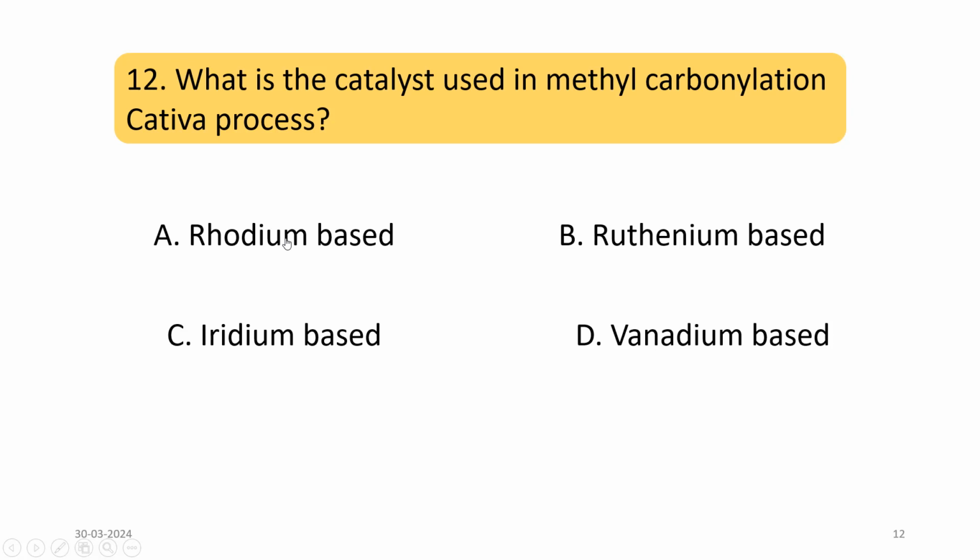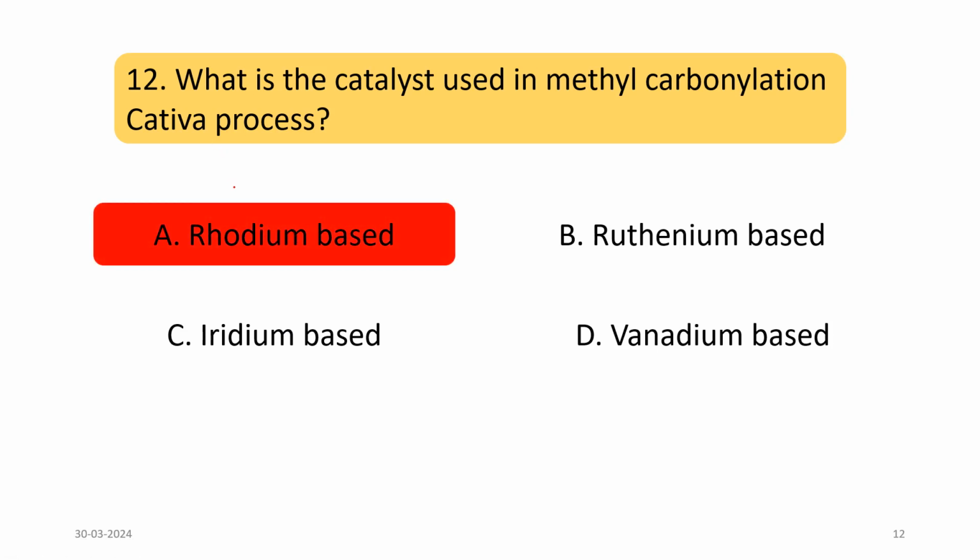A rhodium-based catalyst is used in the Monsanto process, right?